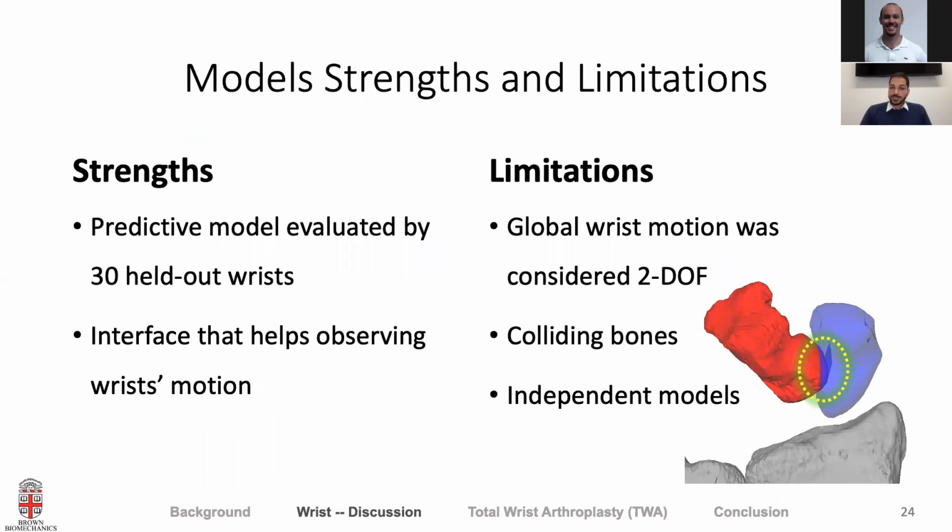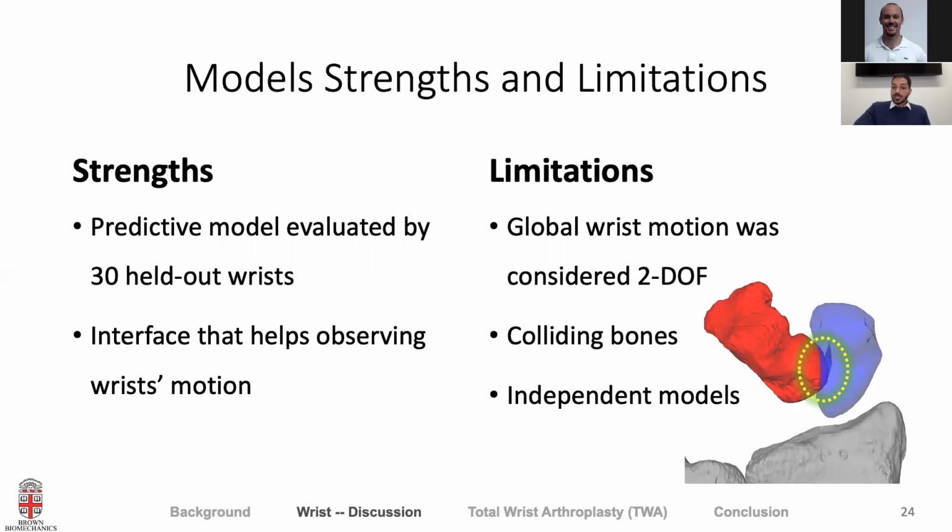Our model is predictive, and we tested it on about 260 held-out wrist postures. We also created an interface for the model and the database, so it's going to be easy to use for future investigations. I'd love to talk after our talk about some of the use cases that people have used the database for.